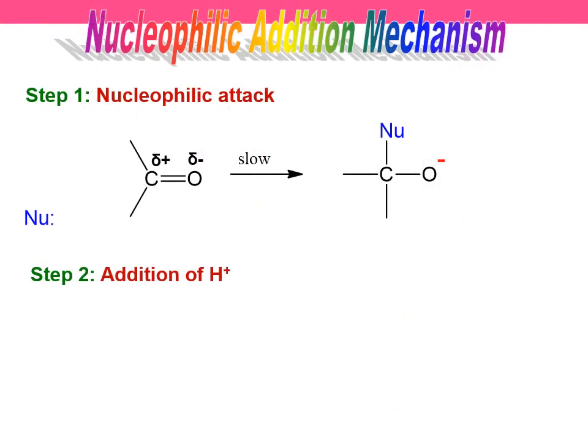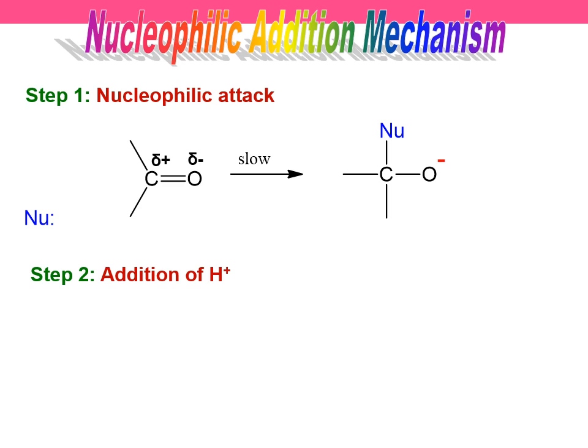Okay, in chapter 9, we are going to learn the mechanism of nucleophilic addition. Step 1 is the nucleophilic attack. In the reaction, nucleophile would be either cyano ion, hydroxide ion, or Grignard reagent.